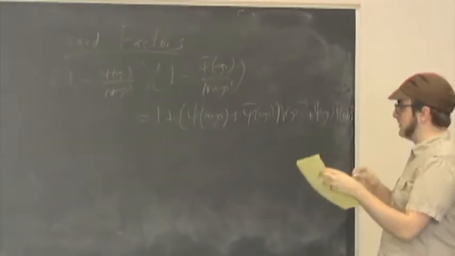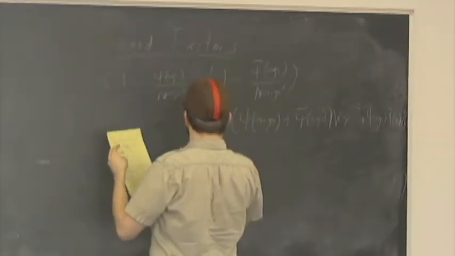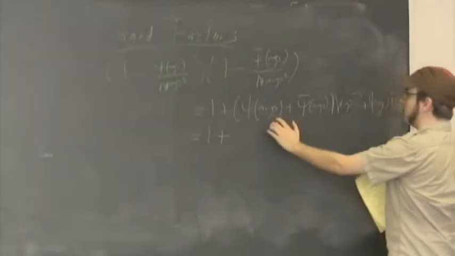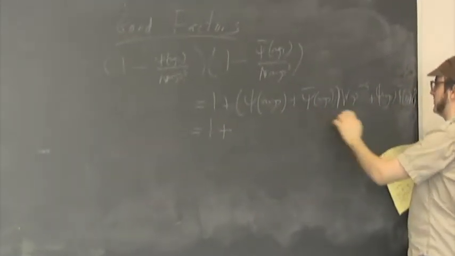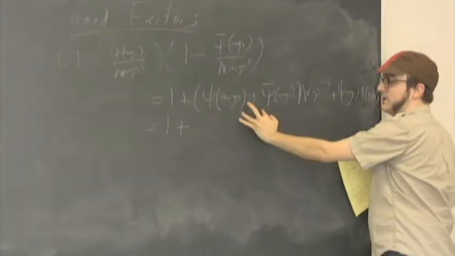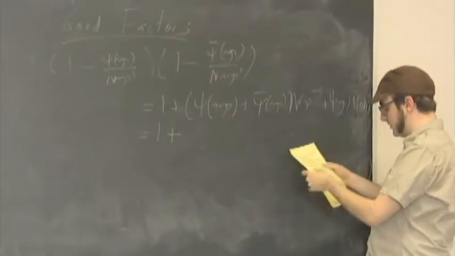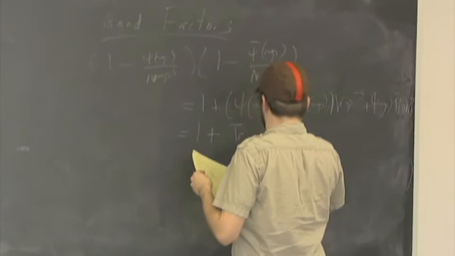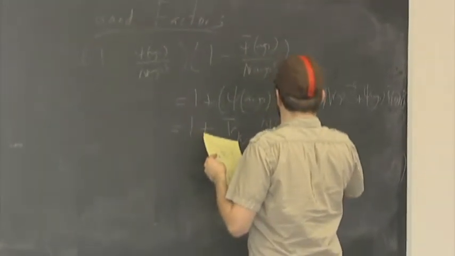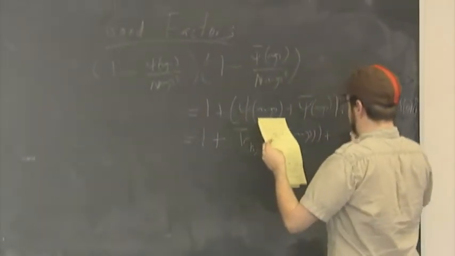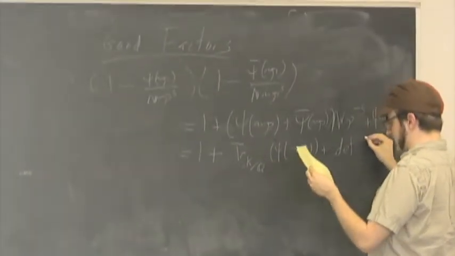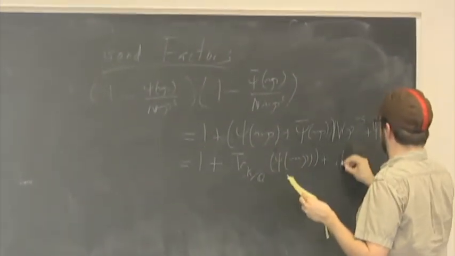Okay. Well, this is equal to 1 plus, so remember I said when you have an endomorphism, you can compute its degree and its trace using traces from K down to Q. So this is the same thing as the trace from K down to Q of psi of p plus the determinant, or the norm, right? Did I make a sign error?